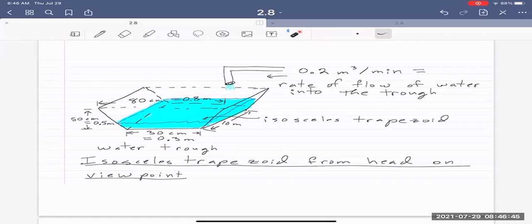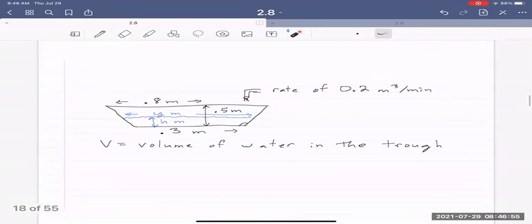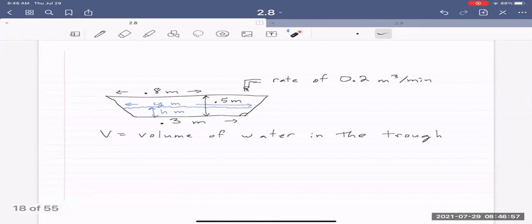So first off, let me just look at this. Let's look at the isosceles trapezoid from the head-on view. Okay, good. And so if I do that, I have here that the bottom is 0.3 meters, the top is 0.8 meters, the height here is 0.5 meters.